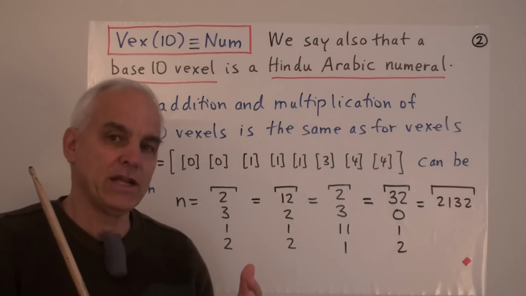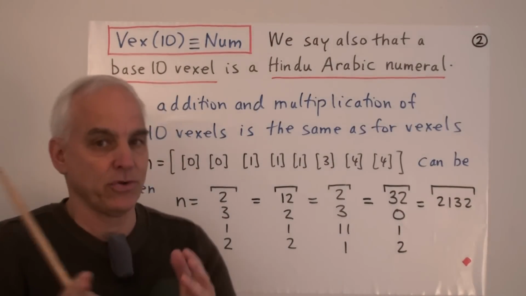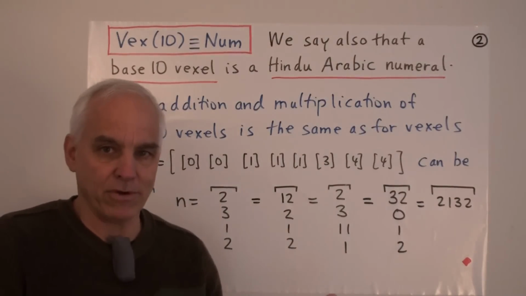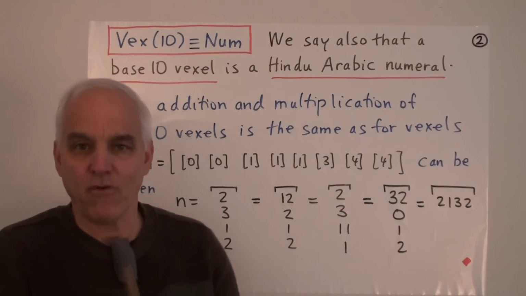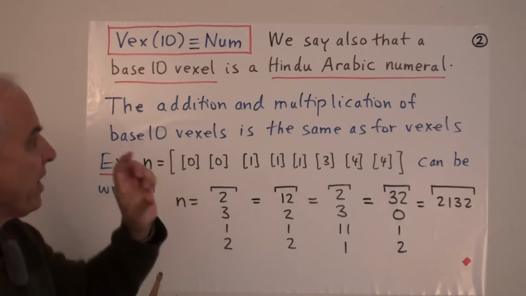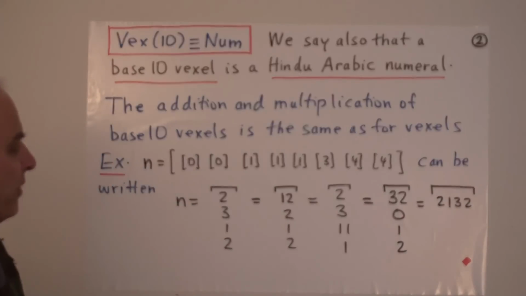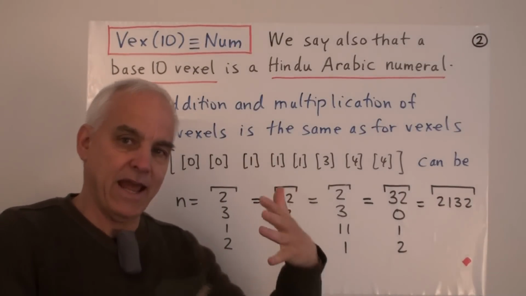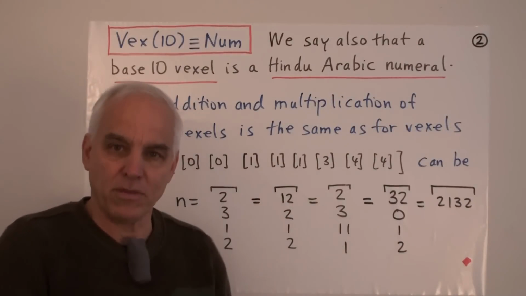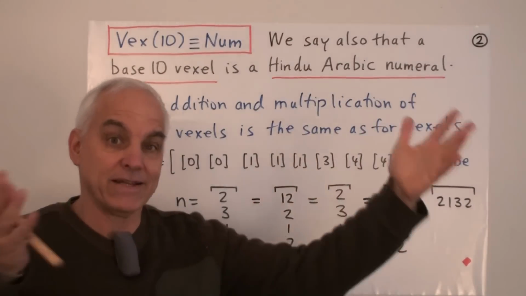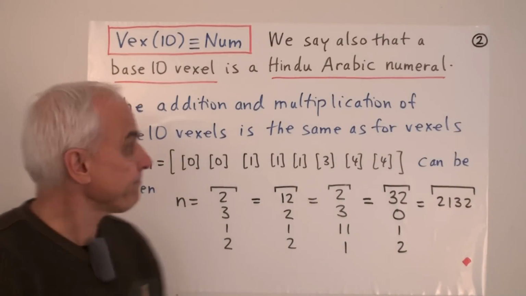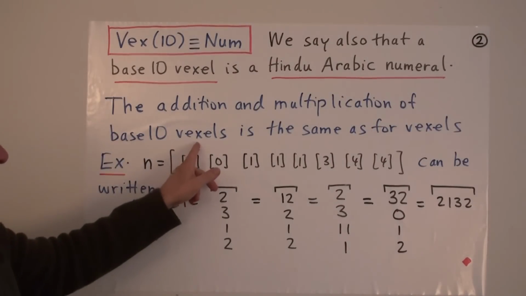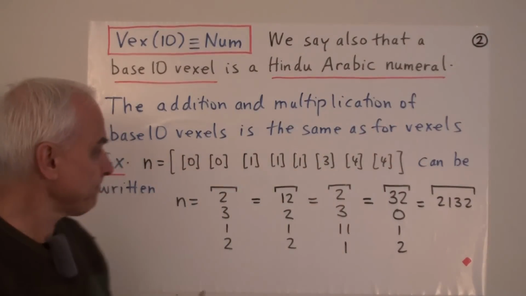And they are officially somewhat different objects from natural numbers, although in practice we will consider them to be natural numbers, just sort of a familiar alternate form for natural numbers. But officially they are something a little bit different. They're built up from natural numbers, but you can think of them as more complicated, sophisticated entities with a more sophisticated arithmetic that allows one to extend arithmetic to higher realms. And the addition and multiplication of these base 10 vexils is really the same as for vexils.